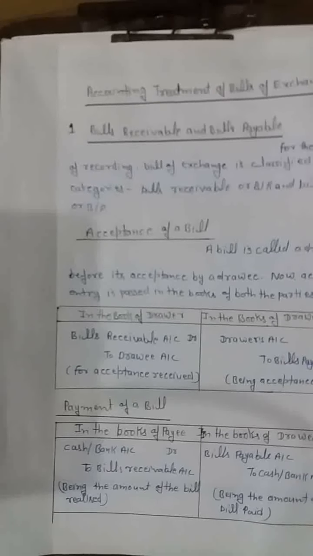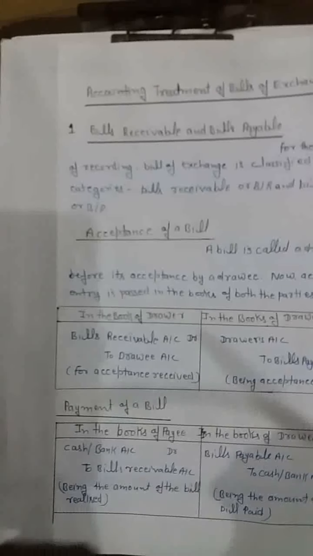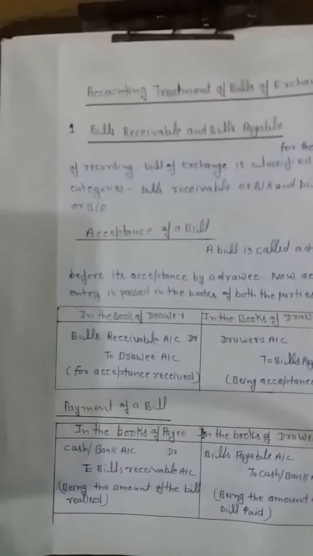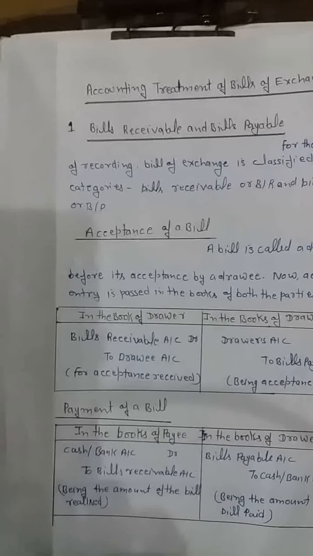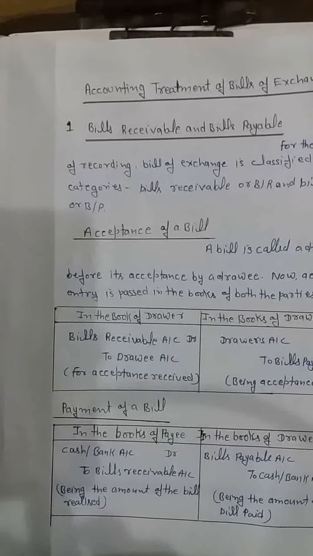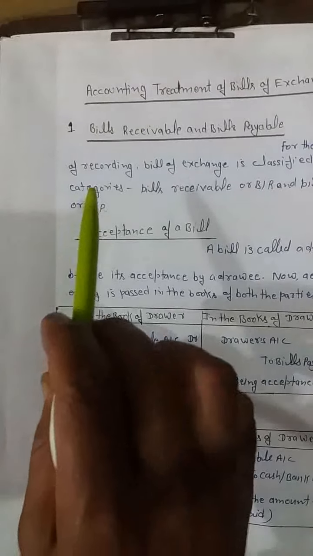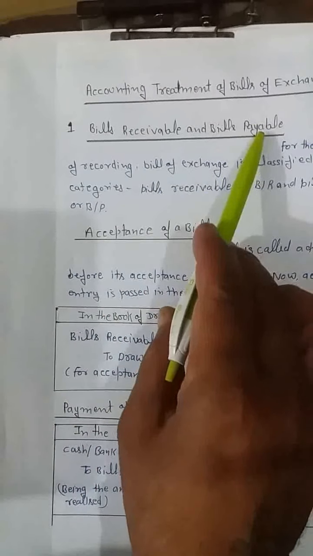very significant for the mechanics of bill of exchange generally and their accounting treatment in particular, which is very necessary, which are as follows. Number 1, bills receivable and bills payable.